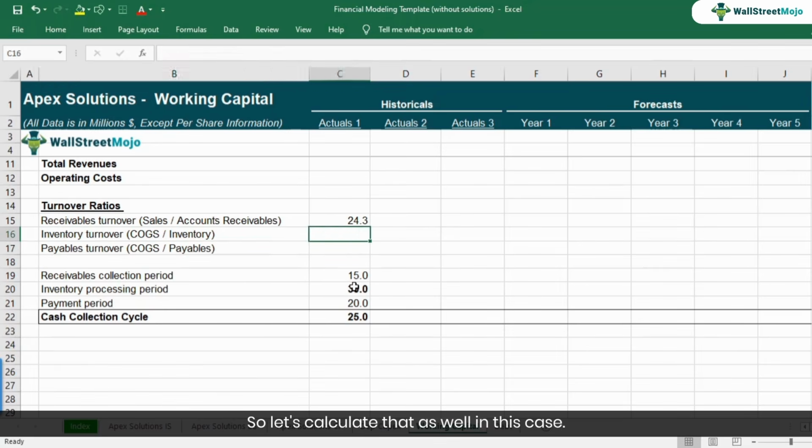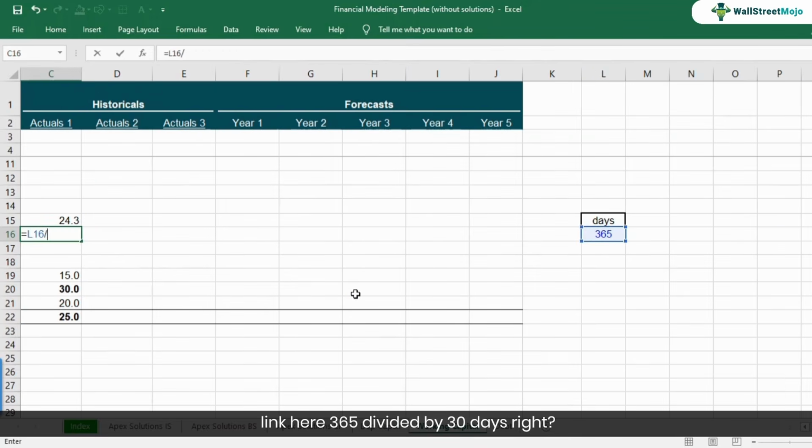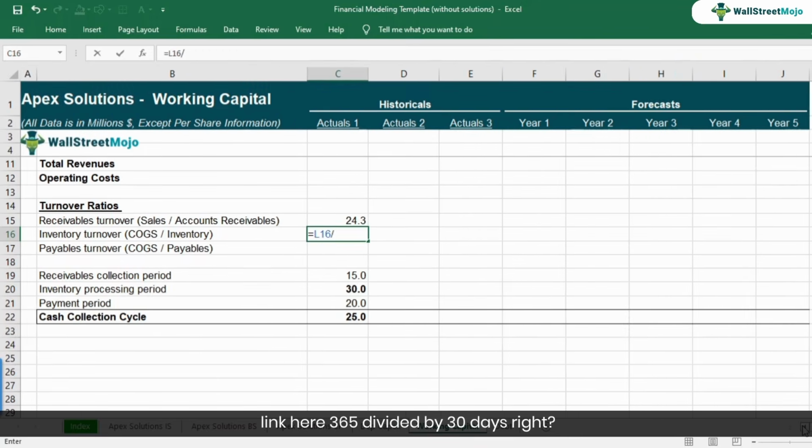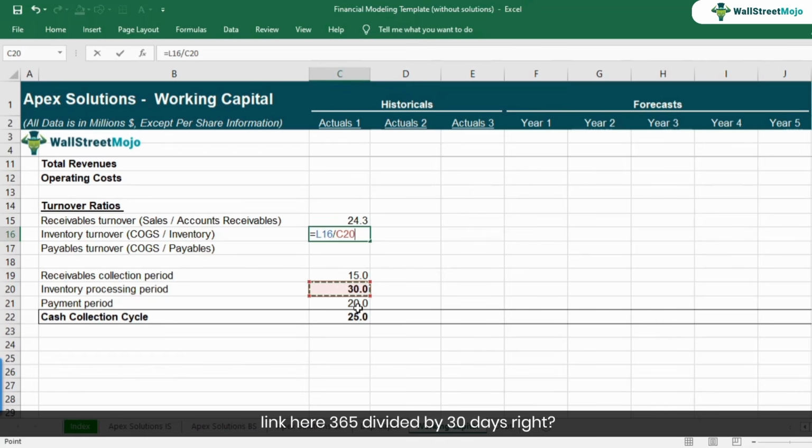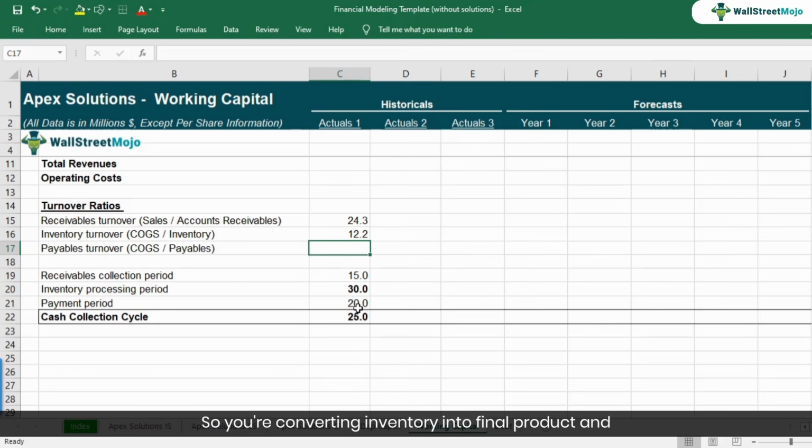Let's calculate that as well in this case. Here it will come out to be 365 divided by 30 days, so it comes out to be 12.2 times. So you're converting your inventory into final product so that it can be sold, and you're doing it 12.2 times during a year.